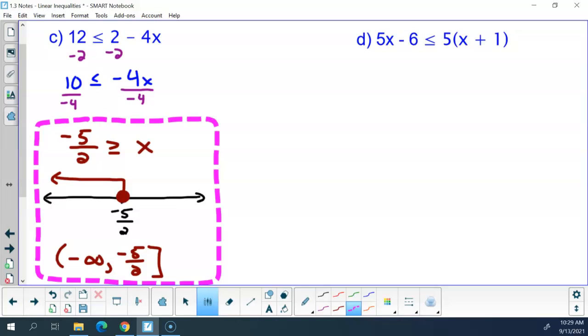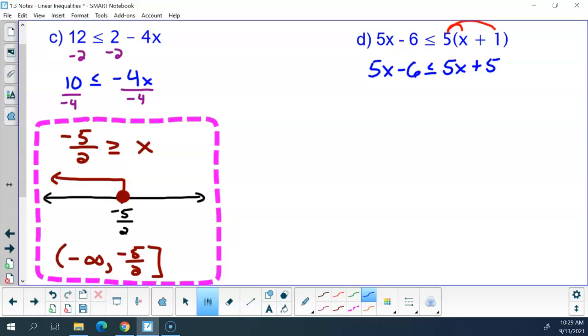Good. Love it. First step in D. Distribute 5. Okay. So then that gives me 5x minus 6 is less than or equal to 5x plus 5. Okay. Then what? Add 6 and subtract 5.